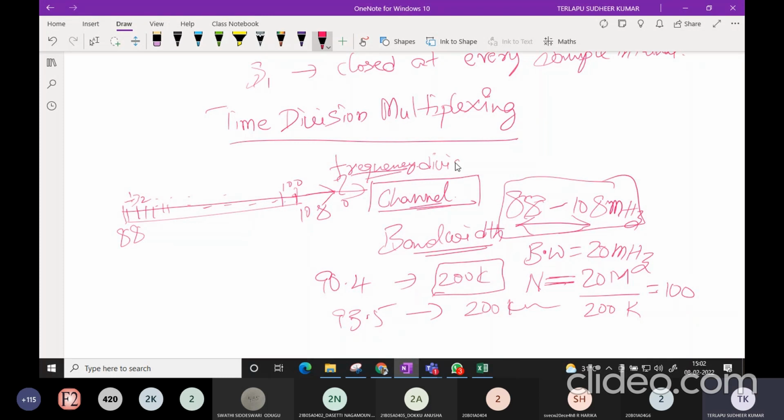and this type of thing is called frequency division multiplexing, because somewhere here I got 90.4 megahertz, somewhere here I got 93.5 megahertz. Now in your radio receiver on your mobile, you tune to 90.4, you can listen to 90.4 megahertz. After 10 seconds, you tune to 93.5 megahertz, you can listen to 93.5 megahertz. That means your radio receiver receives all the signals all the time.